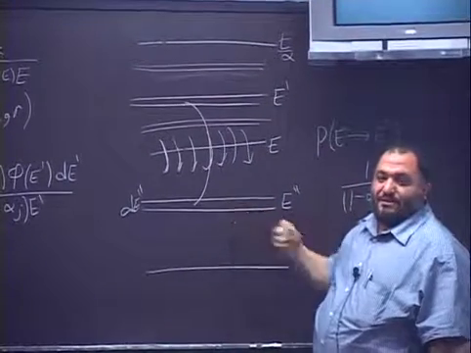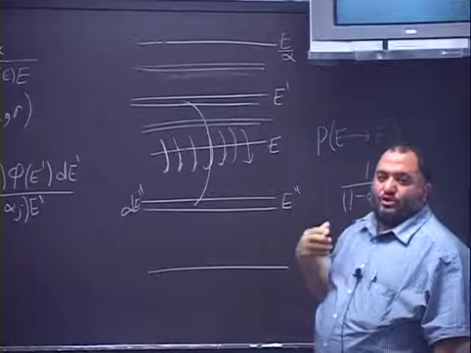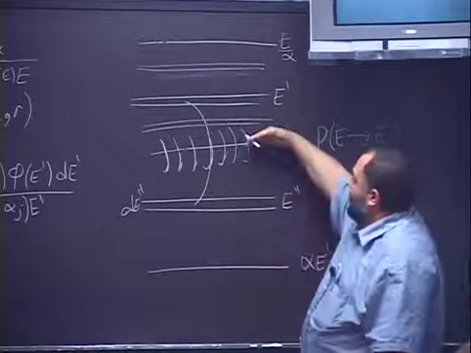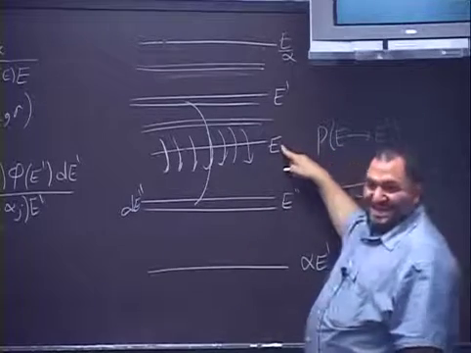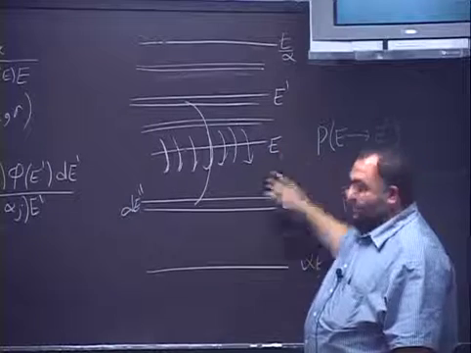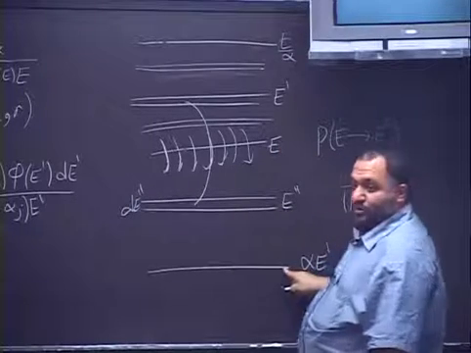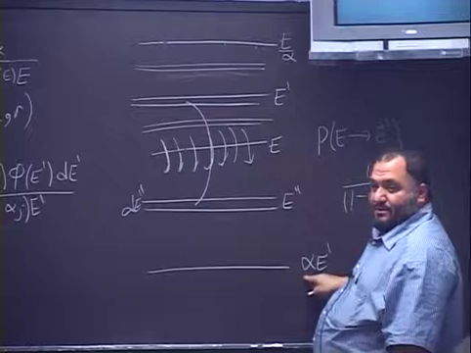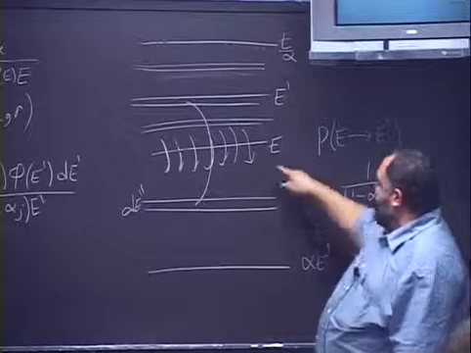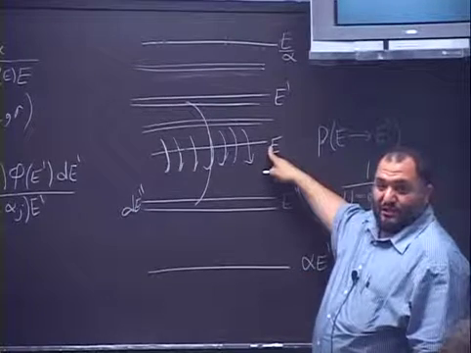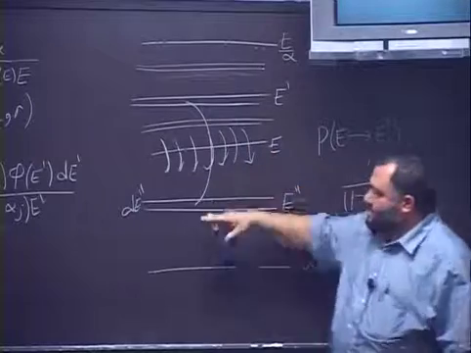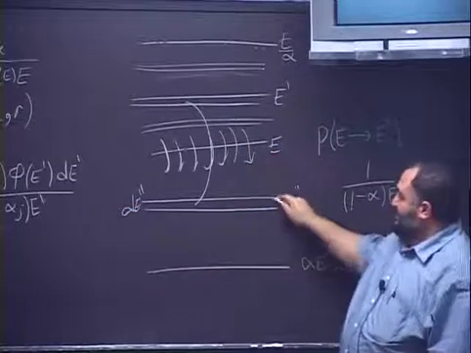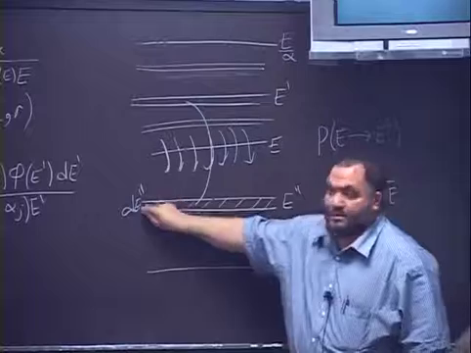But I am interested in knowing the total number of neutrons that will go beneath E. So I have to integrate over E double prime from where to where? From alpha E prime to E. This number is what I got in this bin.